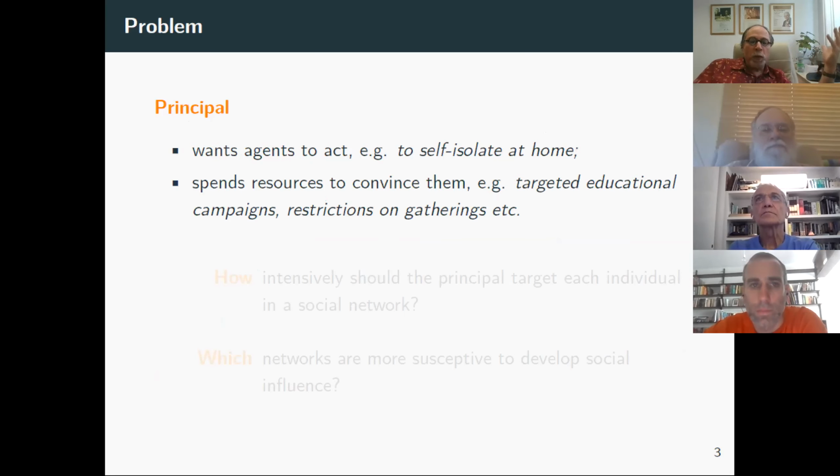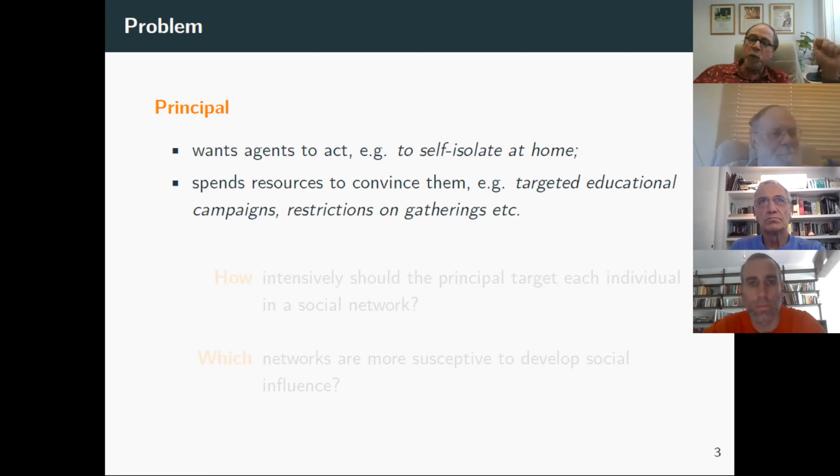So what is the story? The story is that there are people connected through a network, and I'm going to start with undirected networks. Okay. As I said, the more of your friends are taking a certain action, the more you want to take it as well. There might be a certain cost to take this action. And beyond the cost and the social utility, there is also an opportunity for the principal to bribe you to take the action.